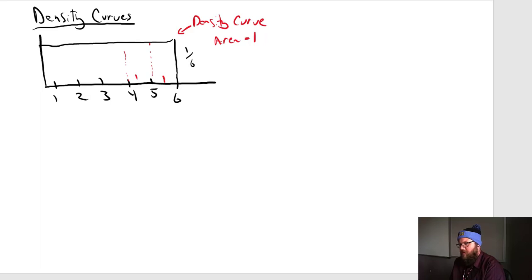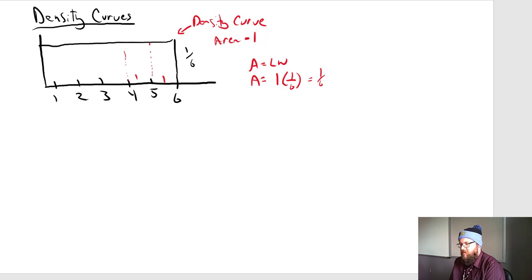Your area is your length times your width, so our area is simply our length of 1 times our width of 1/6. So our area would then equal just 1/6.